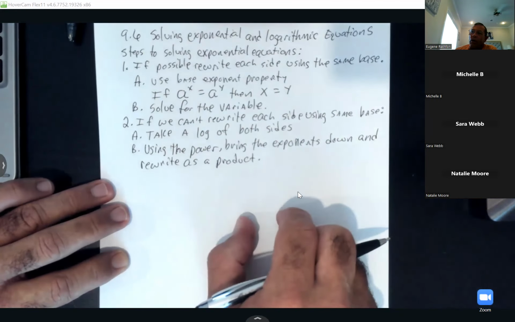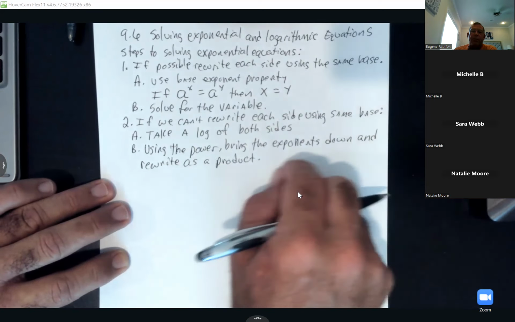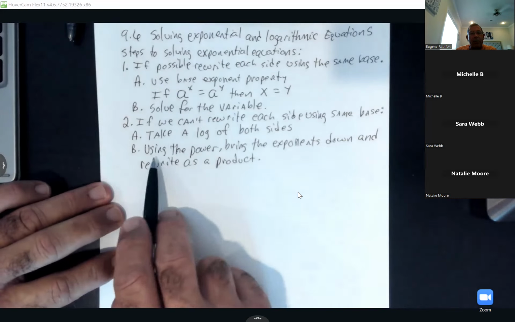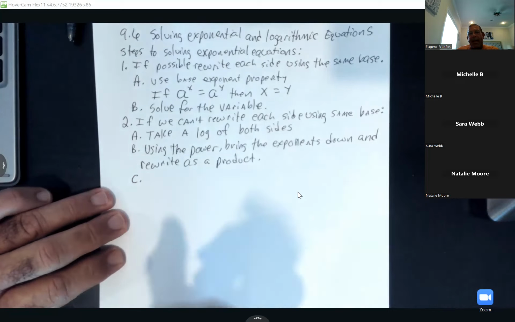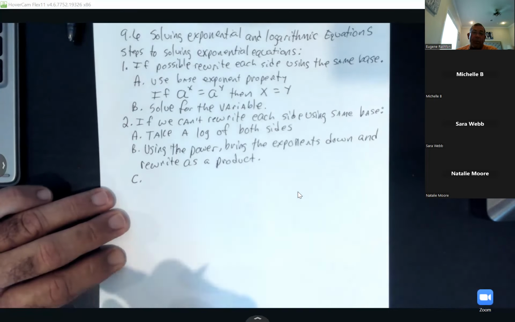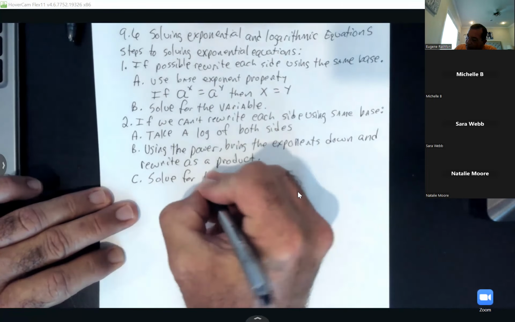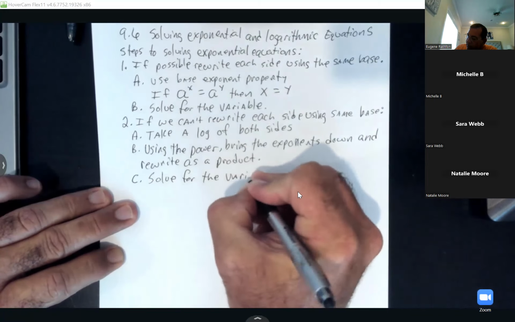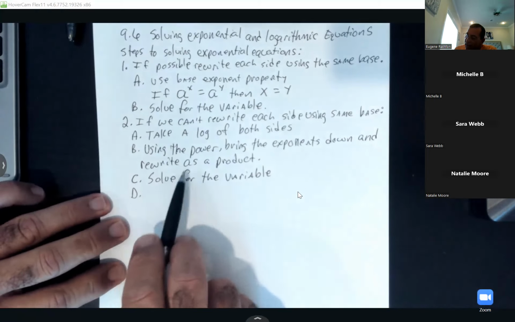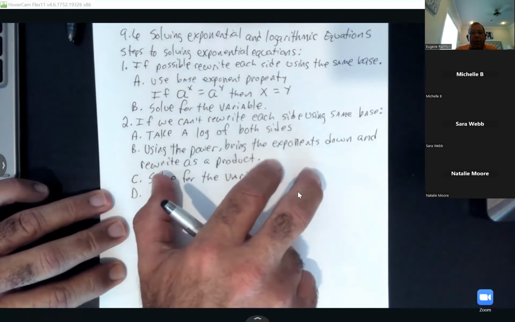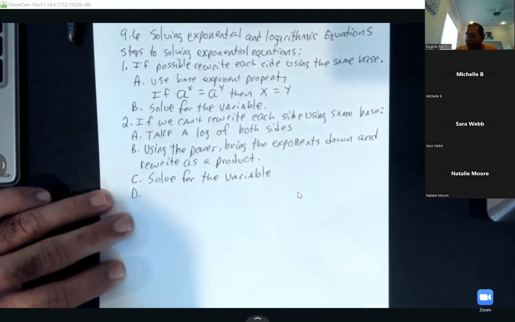So remember, if you have log of some number to an exponent, that was usually the last step we did, was always bringing them exponents down to the front. So that's what I'm talking about here. We're going to bring them exponents down because now that they're not sitting up there as an exponent, at that point, we can solve for the variable. Now, anytime you got to do this step 2 to solve it by using your logs, we got to round off the final answer.